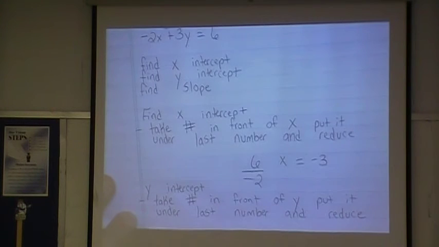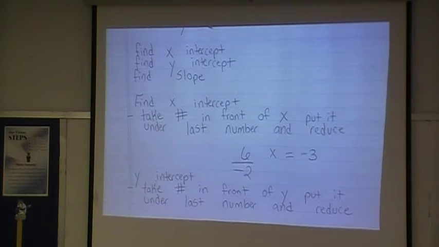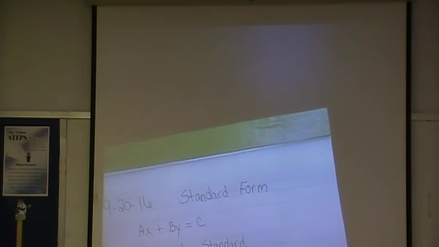You'll take the number in front of the y, put it under that last number, and reduce. Now I'm going to turn the page and we'll rewrite this.